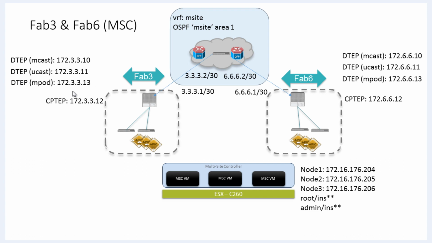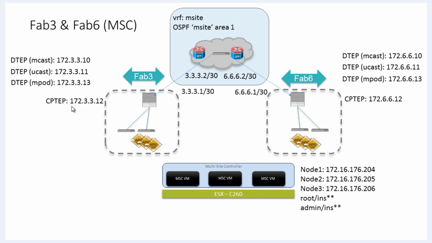We do have to provide this multipod address, but once traffic is directed to a site, it'll have to be further directed to a specific pod, and that's where that MPod destination TEP will come into play. But like I said, for now, because we're only supporting one pod, we have to have an address within the same range, and it will have to be routable over the IPN, as will all of our TEP addresses.